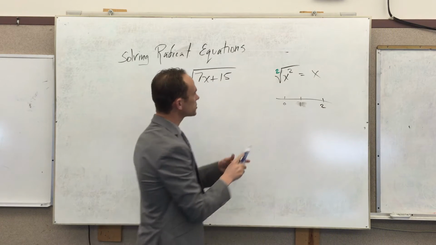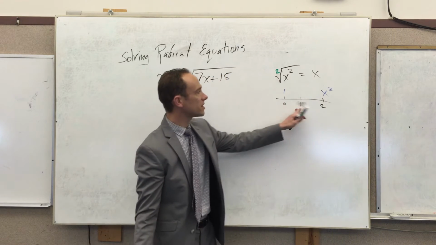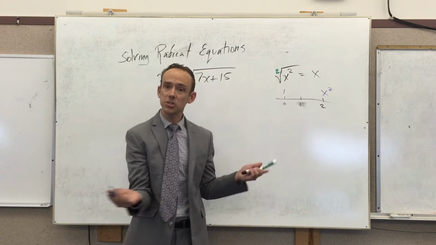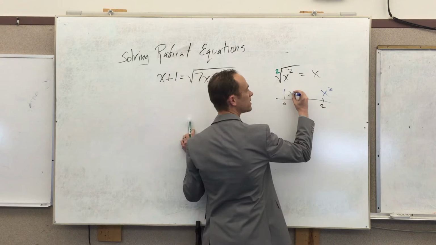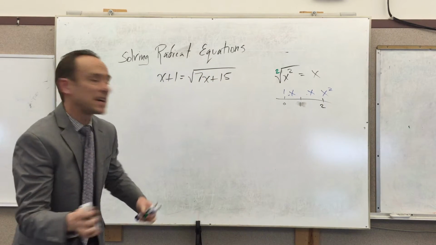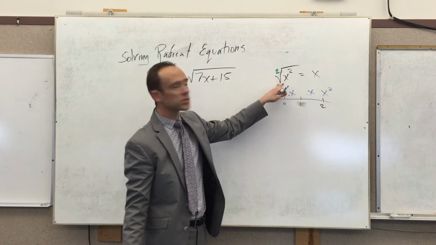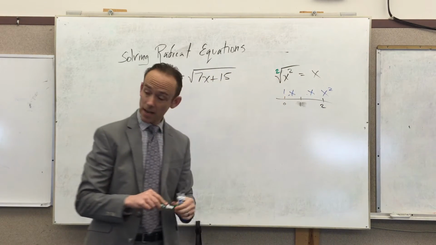What this says is that if you start at 1 and you want to get to x squared in 2 counts, what must you be counting by? And again, they're timesy counts. Well, you must be counting by times x. X times x is x squared, therefore the square root of x squared is x.